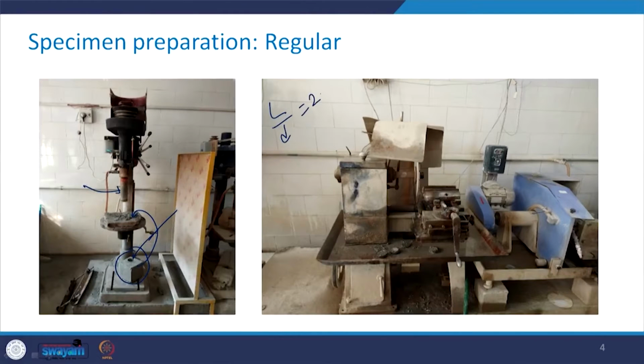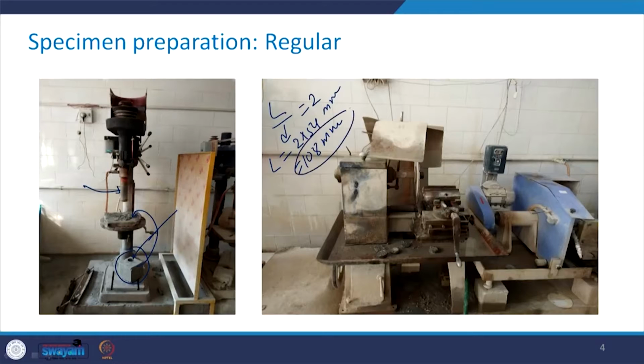Okay, and I want to do it at, let us say, L by D equal to 2. So what will be L? That will be 2 into 54 mm. That would be 108 mm. So roughly I want to have the length in this particular range. Now whatever I have retrieved, let us say it is 150 mm.